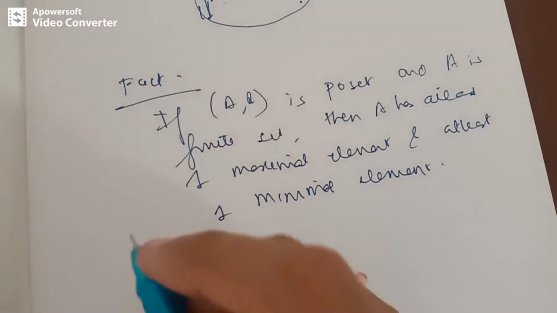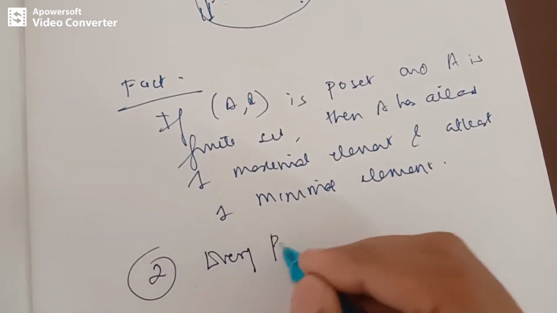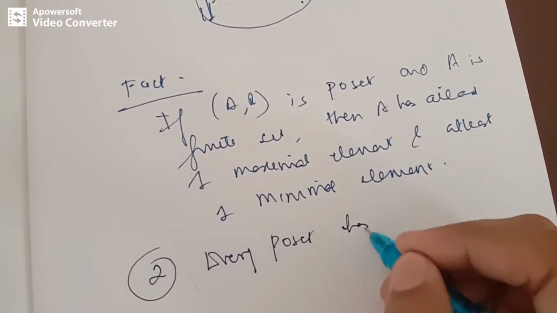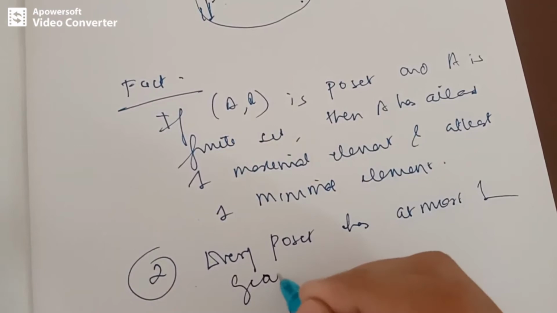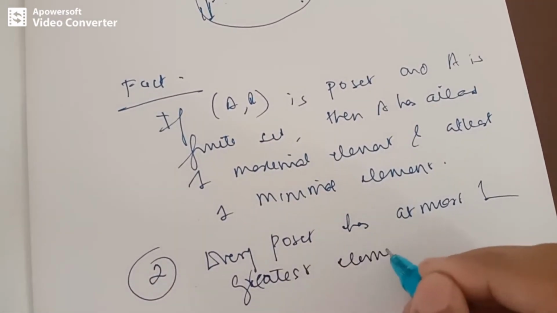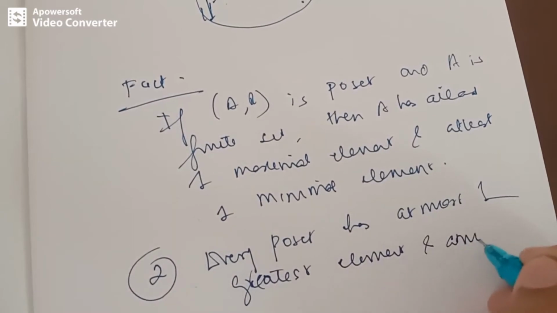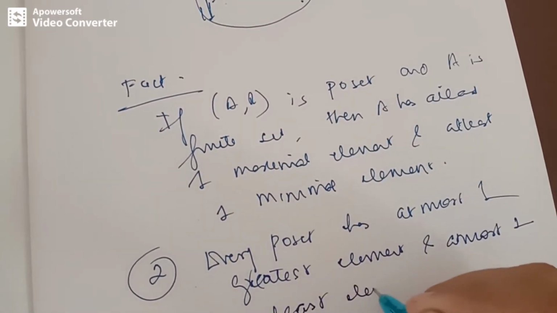The second fact and theorem which can be proved is that every poset has at most one greatest element and at most one least element.